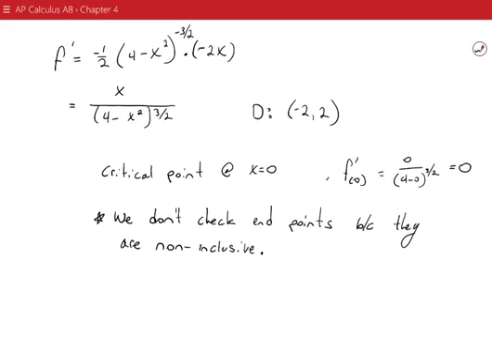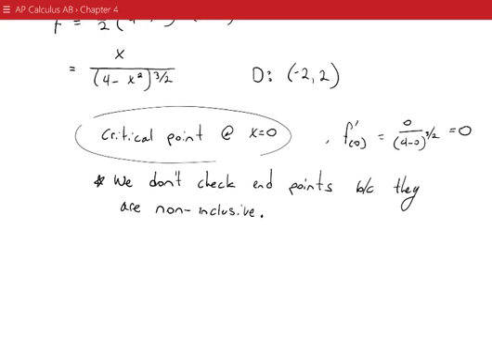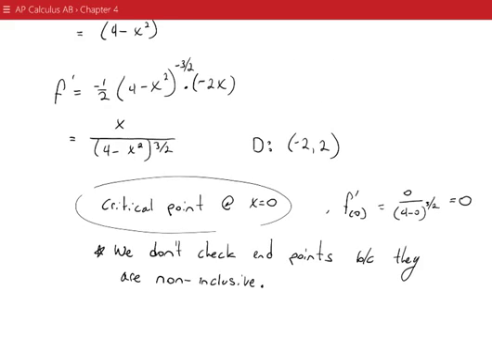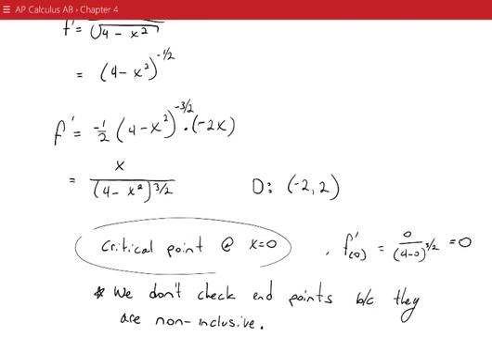So our only candidate for a critical point is at x equals 0, and the value of the function at x equals 0 is 0. In order for us to determine whether or not this is a max or a min, we need to know what the function is going to do as we move away from 0.